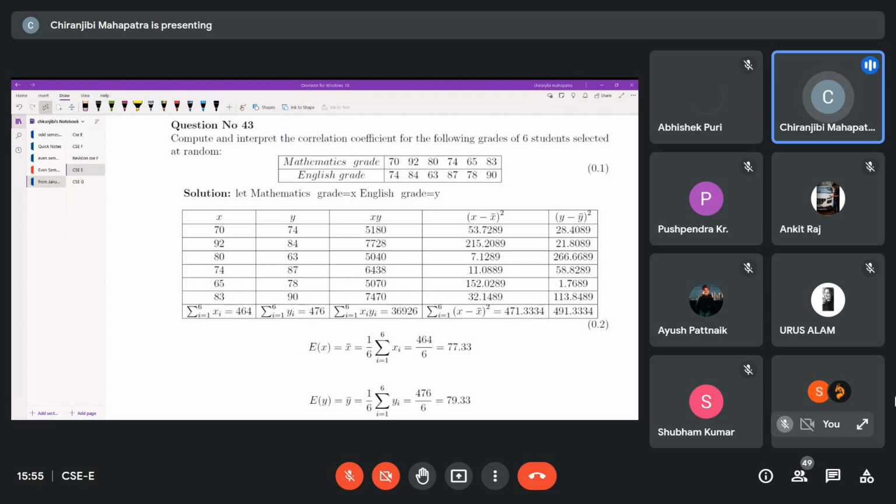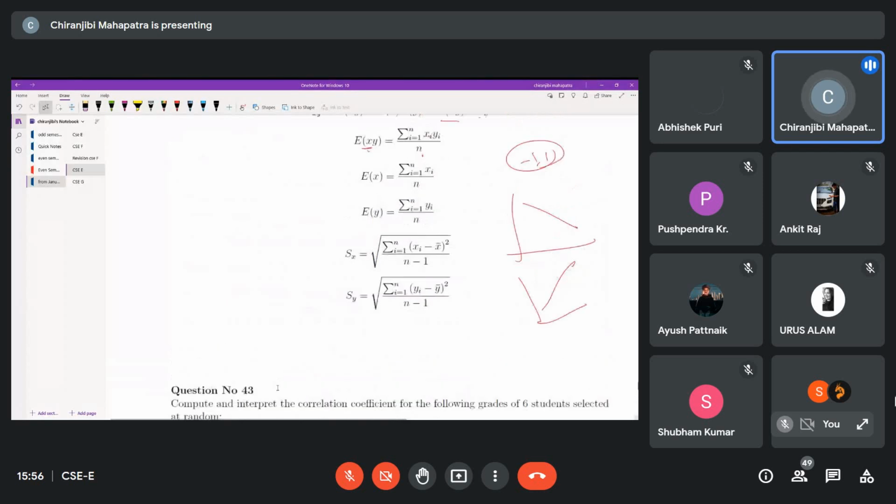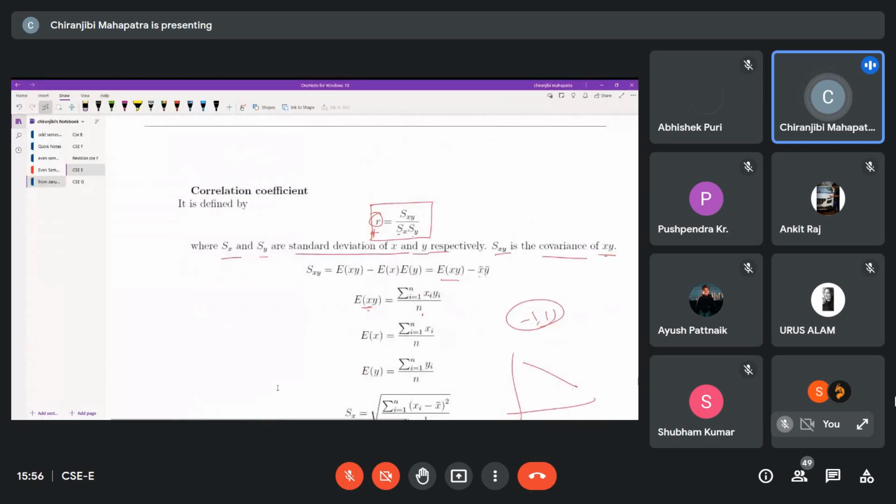ओके एक तो थोड़ा रिवाइज कर देते हैं, क्या क्या चीज हम लोग अभी देखें. First thing we have a correlation coefficient. Okay, and what are the properties, already I have discussed with you. Okay, and other examples are there in the notes. Please try to refer to it.